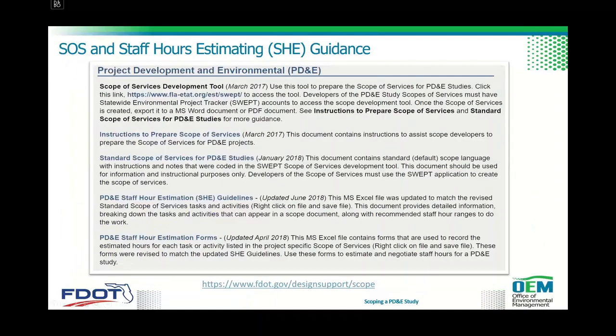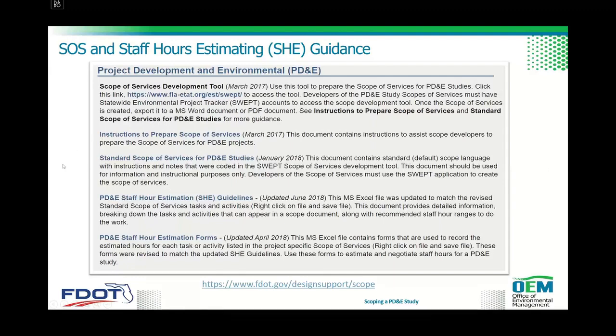This is basically a screenshot from the information available on the production support website. This is right below, I think, the design information. So as you can see, the scope of services development tool has a link to SWEP here.